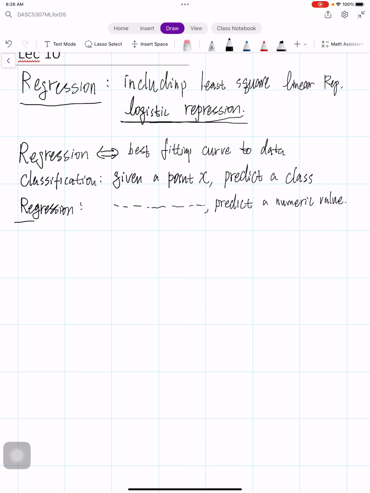So to consider a regression problem, you want to consider several factors. You choose the form of the regression. For example, you can choose a linear function, you can choose a nonlinear function, with parameter w.